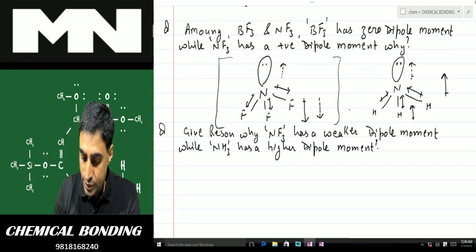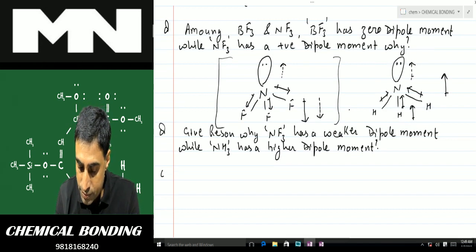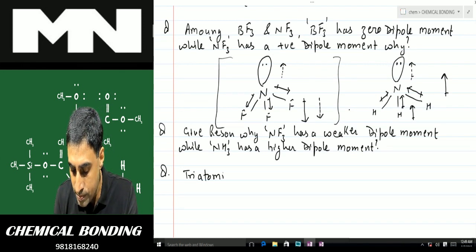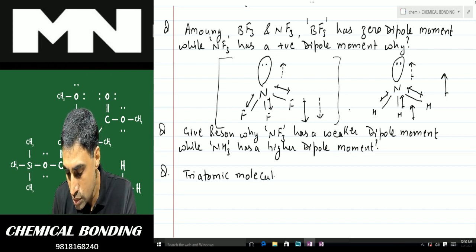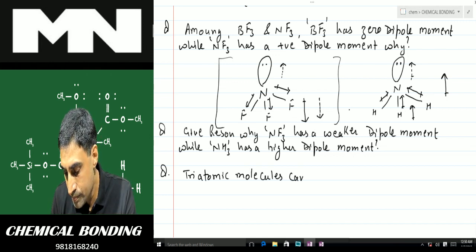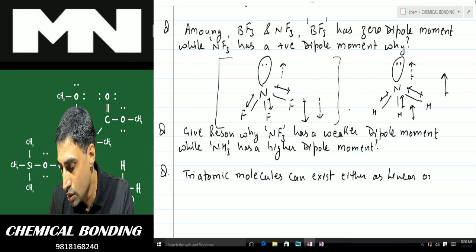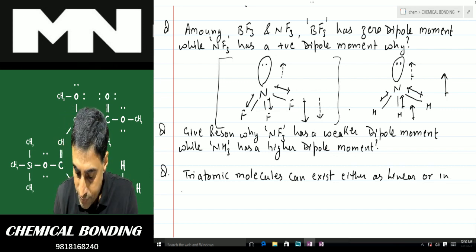Third question I'll tell you, that again is of your textbook. And according to that, triatomic molecules can exist either as linear or in bent symmetry.